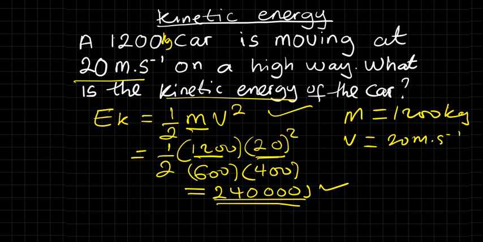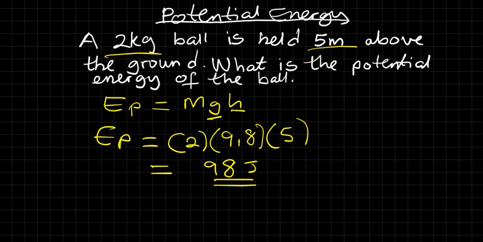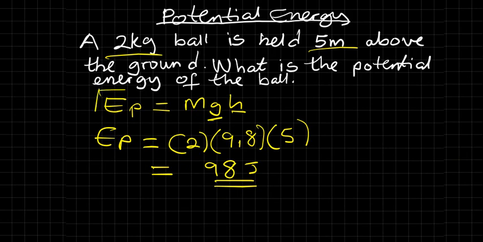Now the next example on gravitational potential energy. A 2 kg ball is held 5 meters above the ground. What is the potential energy of the ball? Alright, we know that the potential energy is given by the formula EP is equal to mgh.